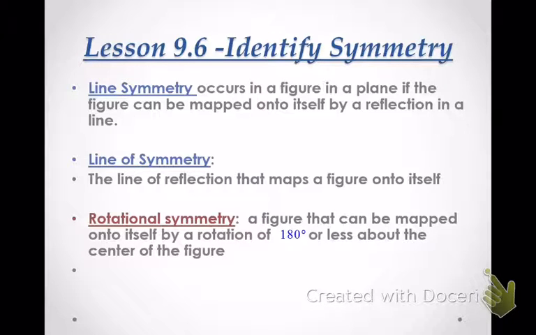Rotational symmetry is when a figure can be mapped onto itself by a rotation of 180 degrees or less about the center of the figure. So for a rotation, you rotate it about the center of the figure.